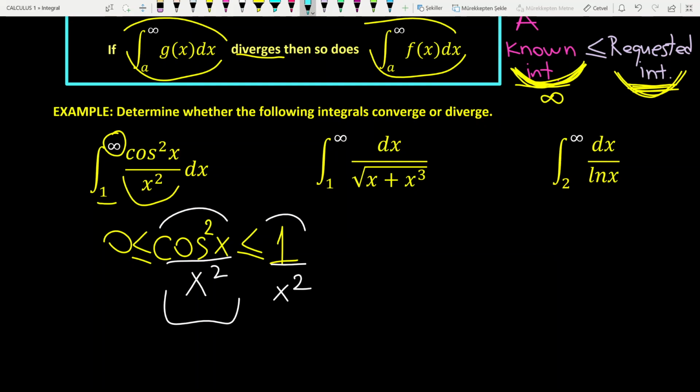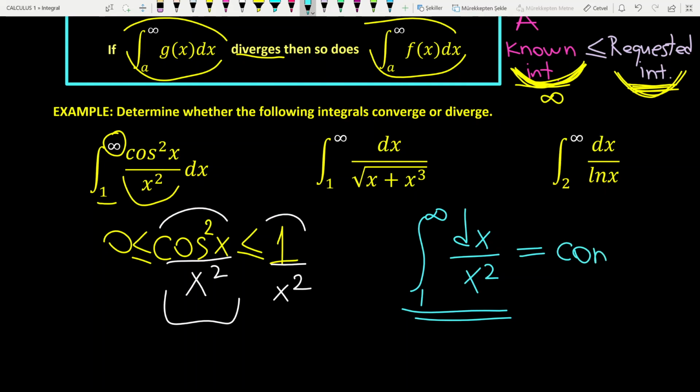So what can you say about the integral from 1 to infinity of dx over x squared? Do we have an idea about this improper integral? Yes, we can compute it, and we know that the answer is a number, so this is a convergent improper integral.